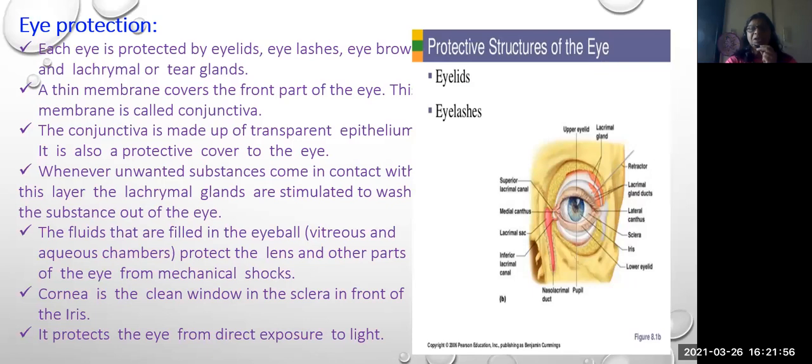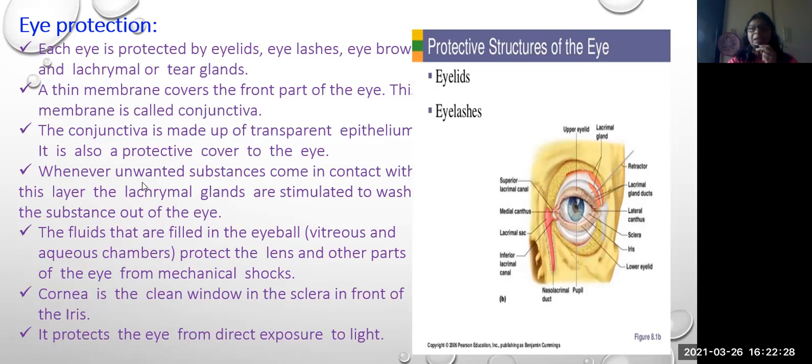And each eye is protected by means of eyelids, eyelashes, eyebrows, and lacrimal glands. Those are nothing but what we call tear glands. And a thin membrane covers the front part of the eye. This thin membrane is called the conjunctiva, and it is made up of a transparent single epithelium layer.